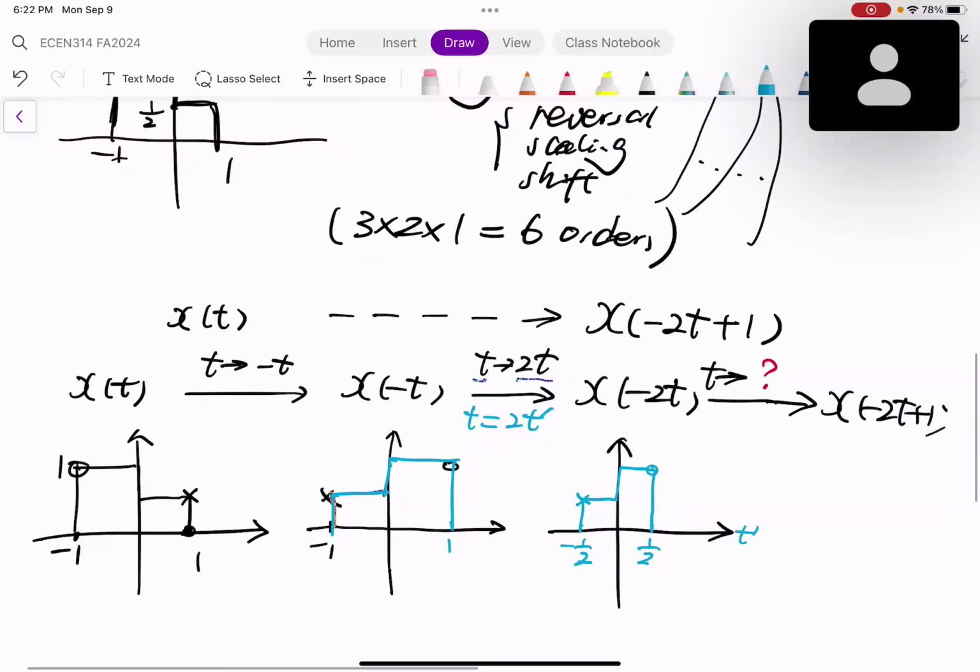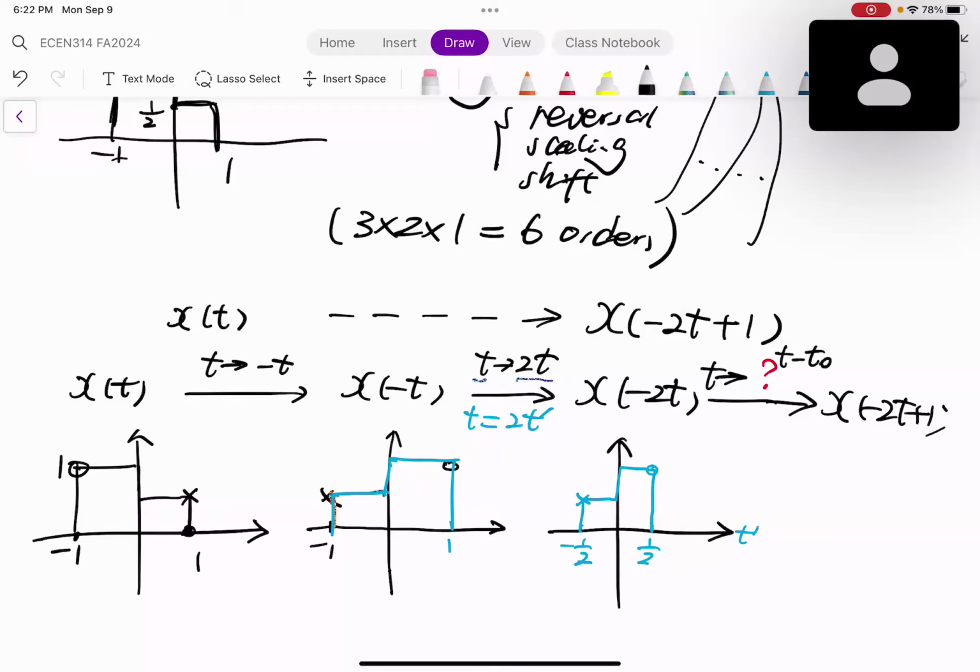And then in the end, you're doing a time shift. So how do I do the time shift? Let's say I changed t to t minus t naught. Let's say I don't know what t naught is.